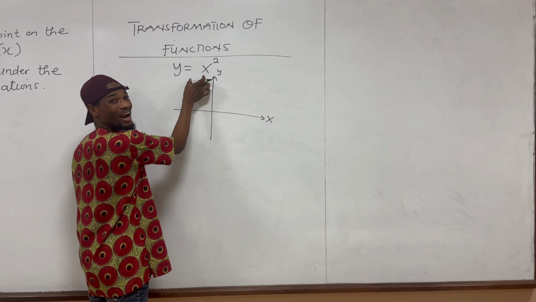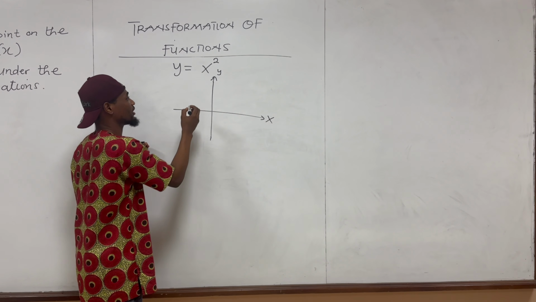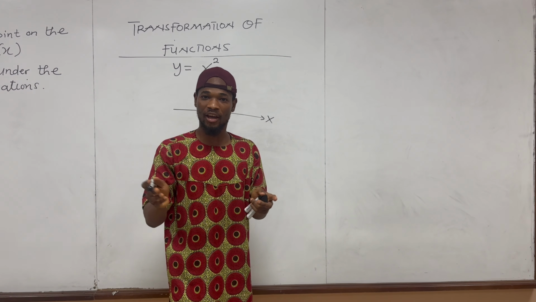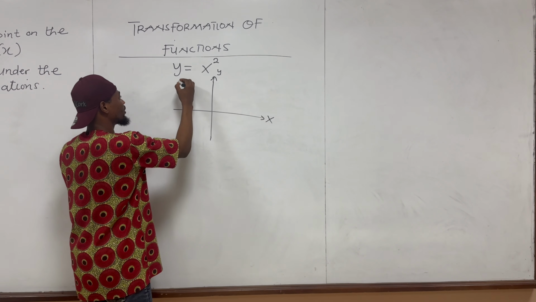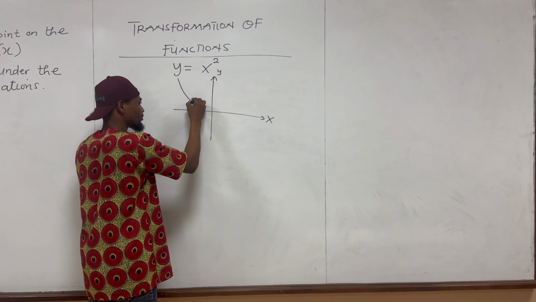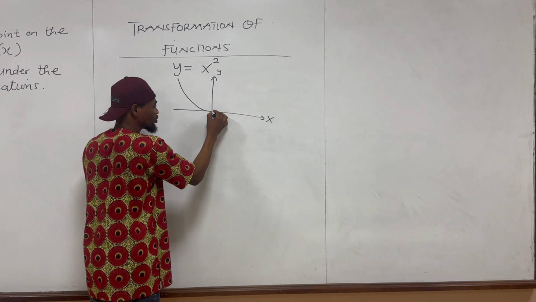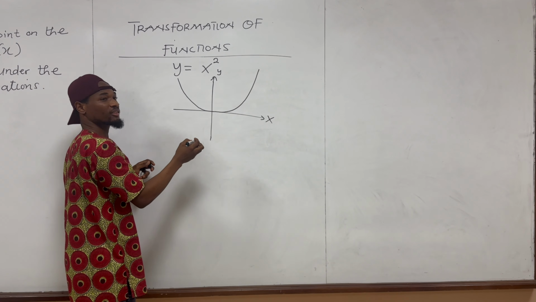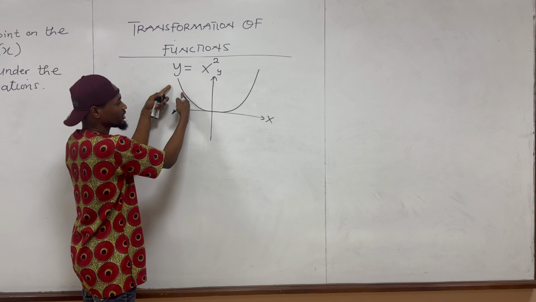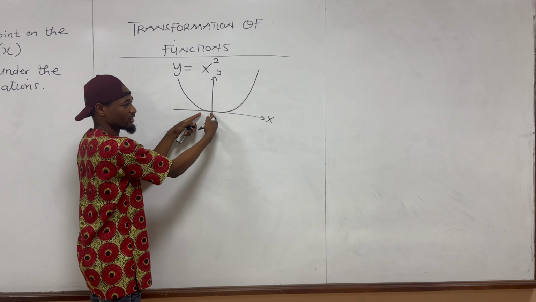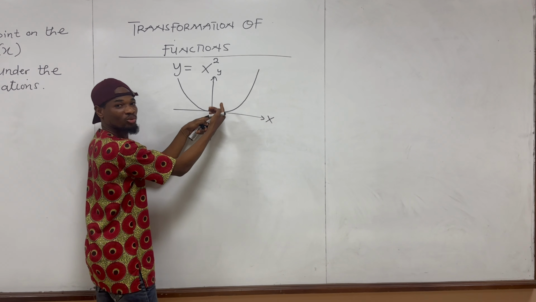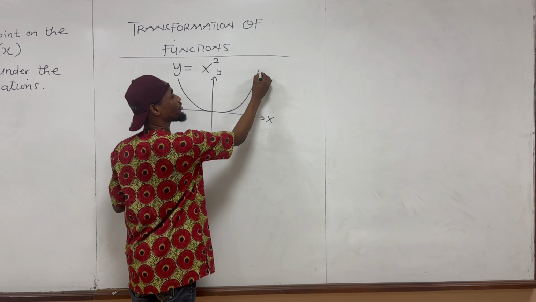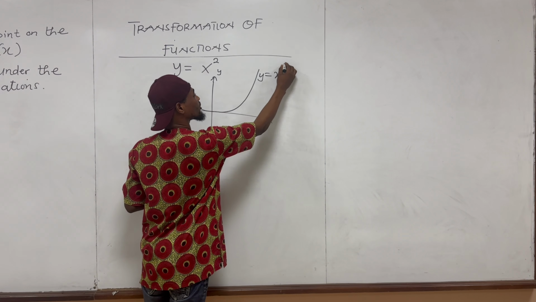To graph this, y equals x squared is simply a parabolic curve, a parabola. We start from this way, decreasing, it gets to the origin, then it increases. This is the graph of y equals x squared.